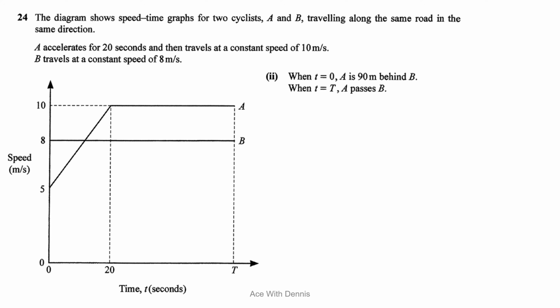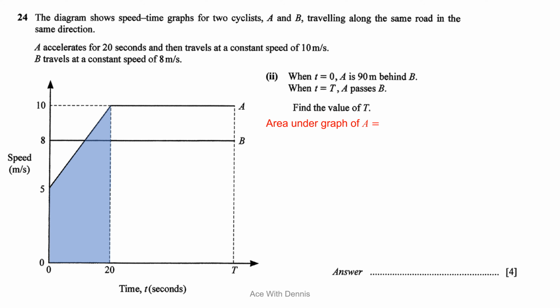2. When t equals 0, A is 90 meters behind B. When t equals capital T, A passes B. Find the value of T. 4 marks. The very first thing we want to do is find the area under the graph of A, which means the total distance traveled by cyclist A. The area consists of this trapezium, which is half times 5 plus 10 times 20, and the area of this rectangle.